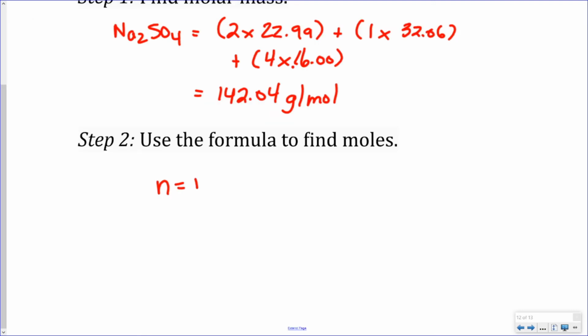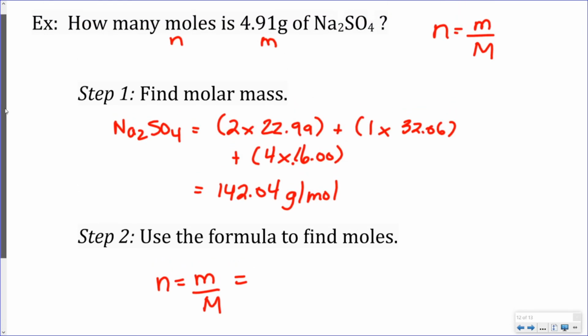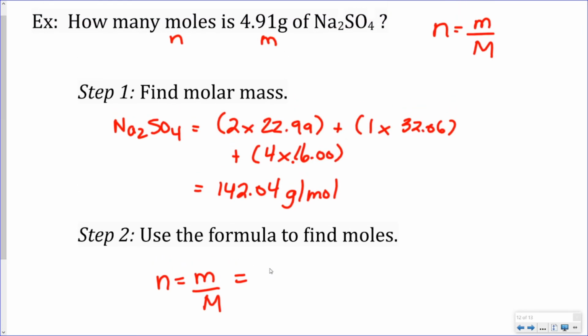Step number 2, use the formula to find moles. So n equals little m over big M. We don't need to rearrange anything because we're already isolating the number of moles, little n. So our little m is 4.91 grams divided by big M, which we just calculated as 142.04 grams per mole.